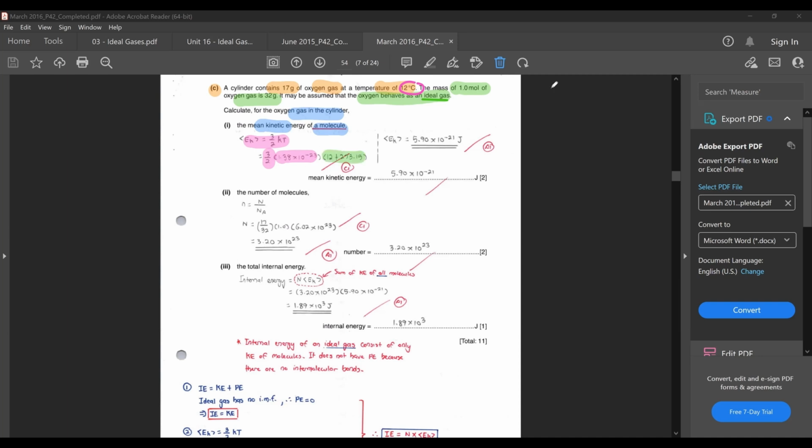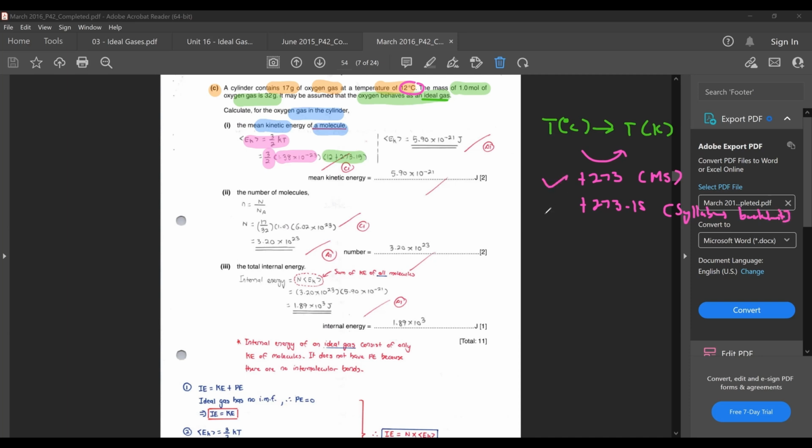I believe I did mention to you guys before that if your temperature is in degrees Celsius and you want to change it to Kelvin, you either just add 273 or add 273.15. Plus 273 is from your marking scheme. Plus 273.15 is from your syllabus booklet.